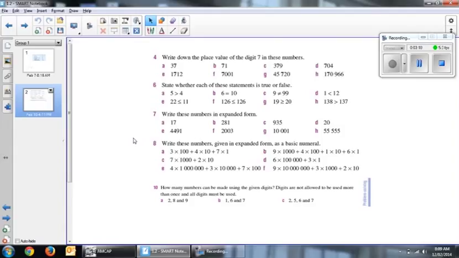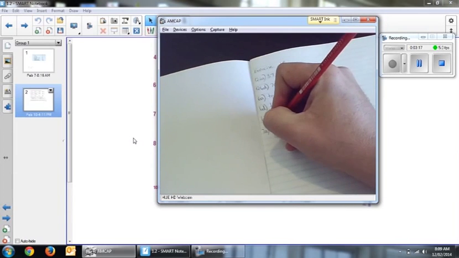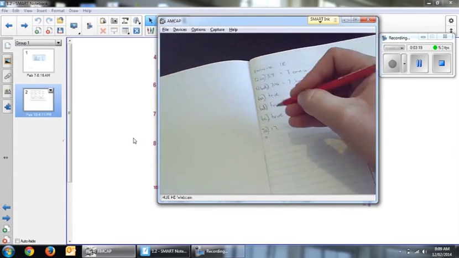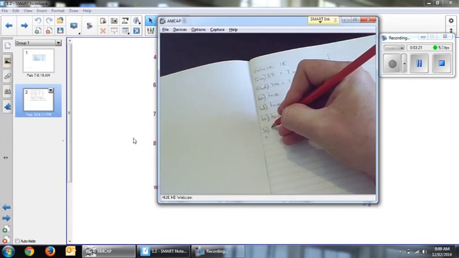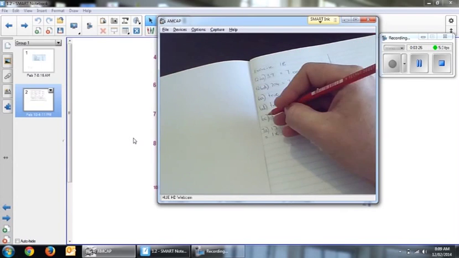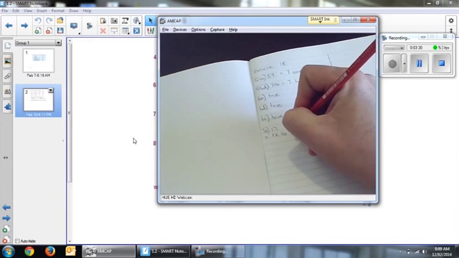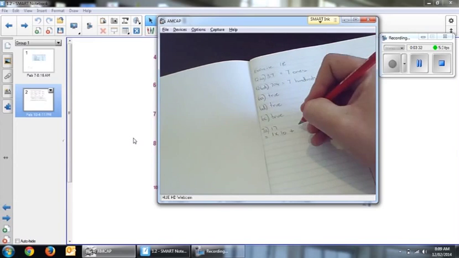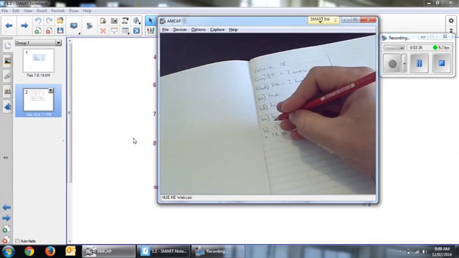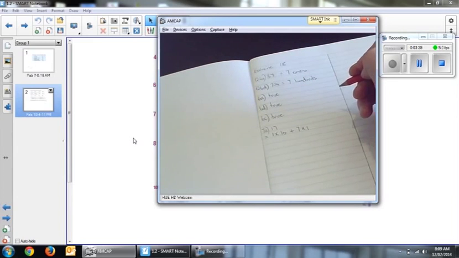When we put something in expanded form, in this instance it's 17. 17 in expanded form equals, you take the unit of the first number and you multiply it by its place value. In this instance, it's tens. So 1 times 10, then we need to plus the unit, which is 7, and we multiply it by its place value. In that instance, it's 1.